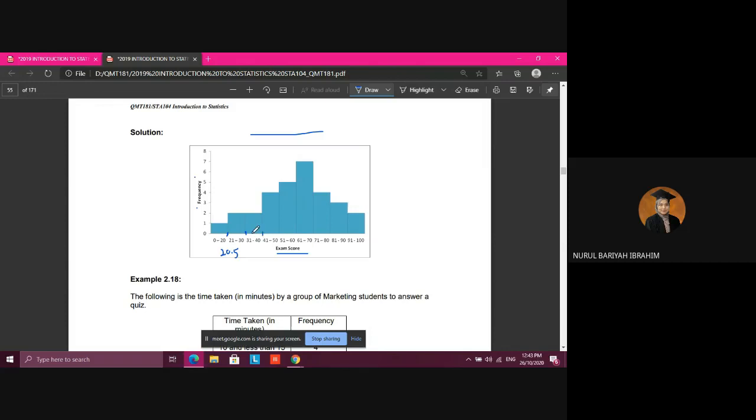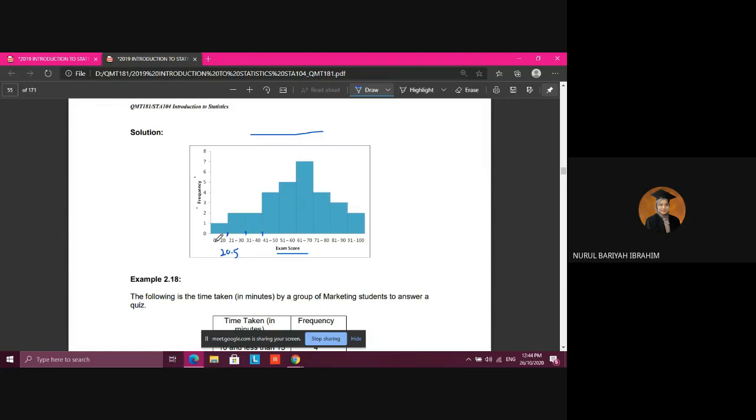Okay, so because of that, bear in mind, take note that you need to state the scale untuk x-axis ni properly. Okay, so here will be the class boundaries.